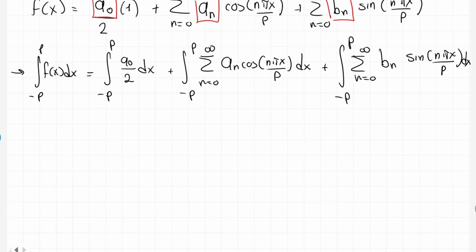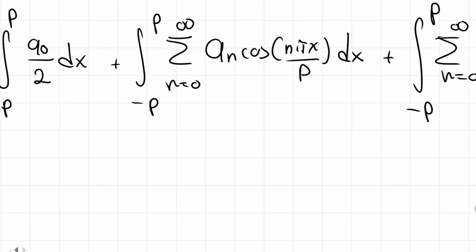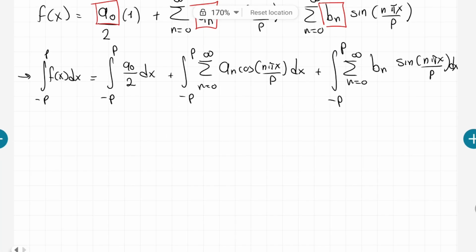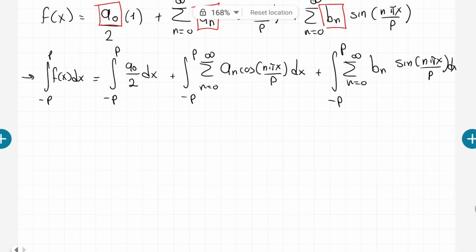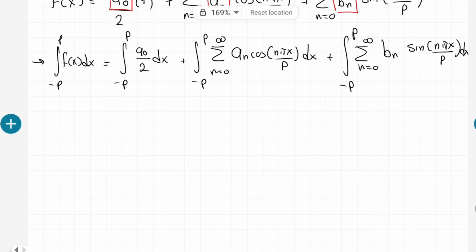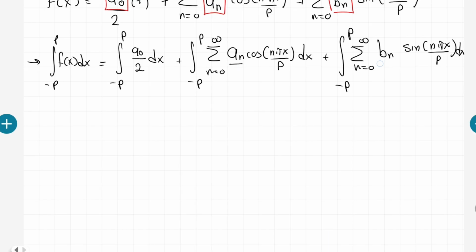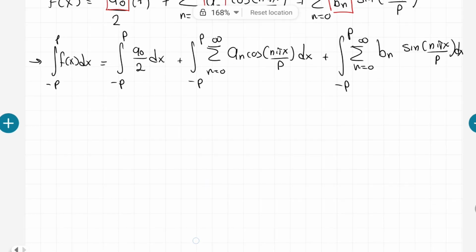Looking at that, this integral depends on x and the sum is over n. For now we will not be talking about convergence, but we are going to suppose that these sums converge. We are going to take the sums out of the integral, along with the constants a sub n and b sub n, just to see more clearly what is about to happen.